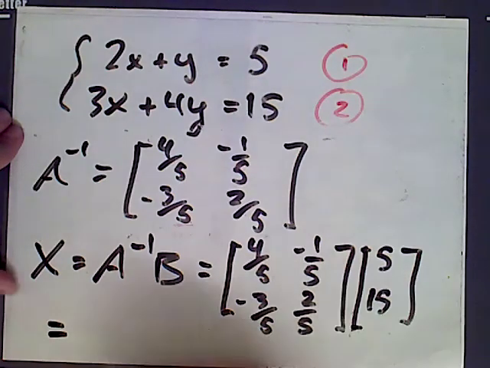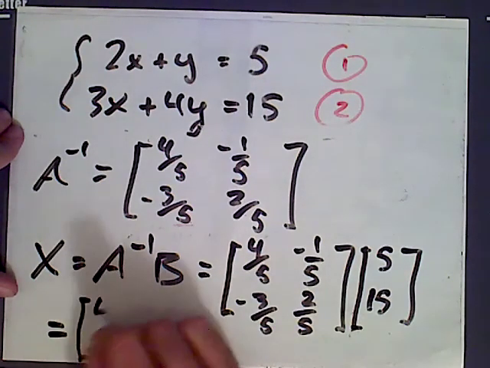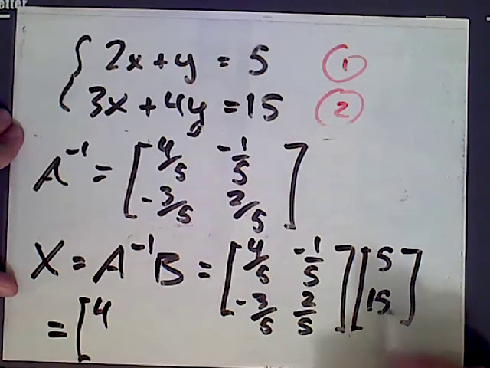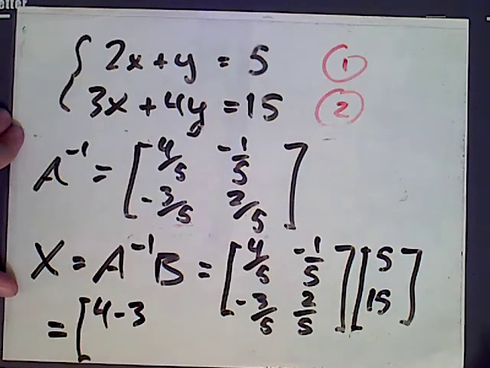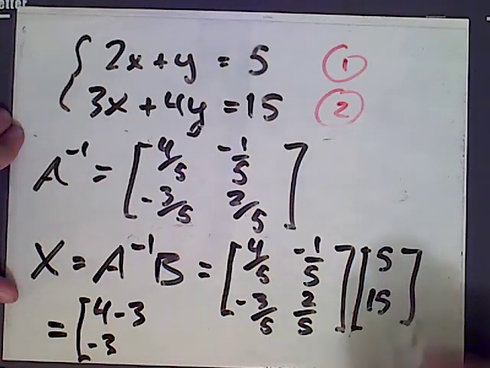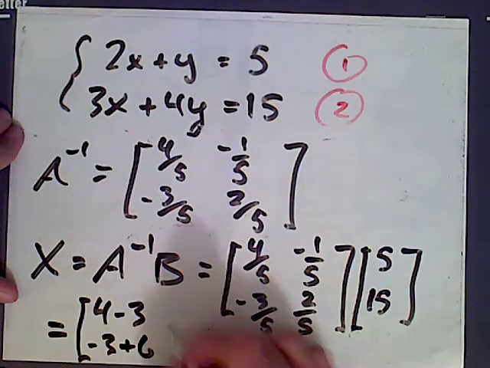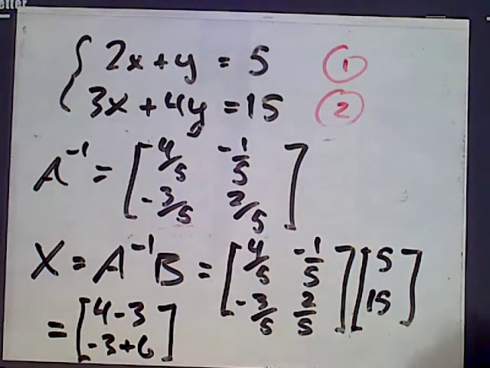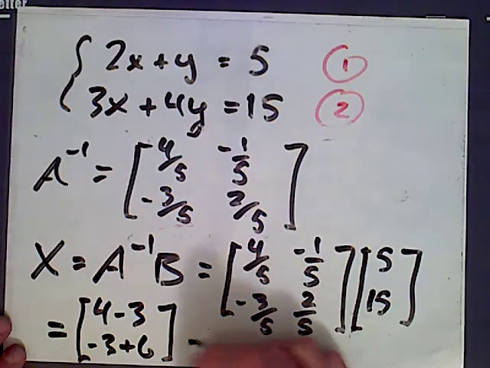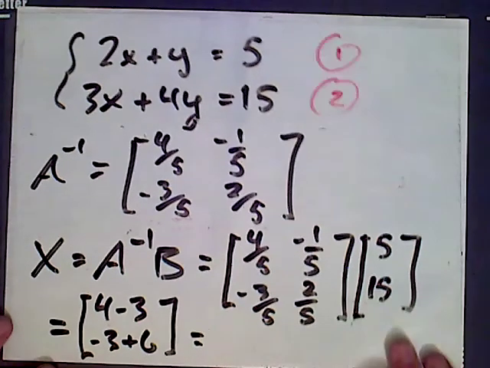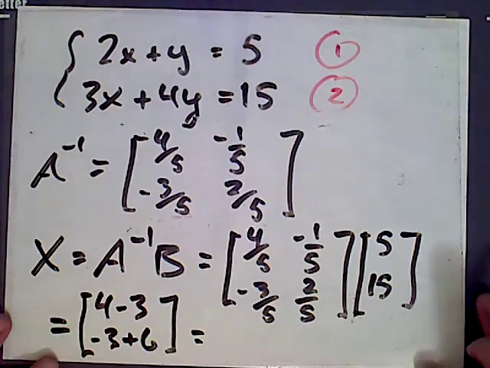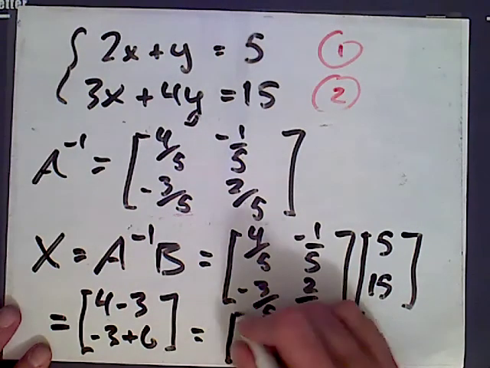And then minus 1/5 times 15 is minus 3. That's in the first entry. Then down here, negative 3 over 5 times 5 is negative 3, and 2 over 5 times 15 is 6. What we end up with is that this is equal to, pushing this up a little so we can see the solution, which we already know is 1, 3.